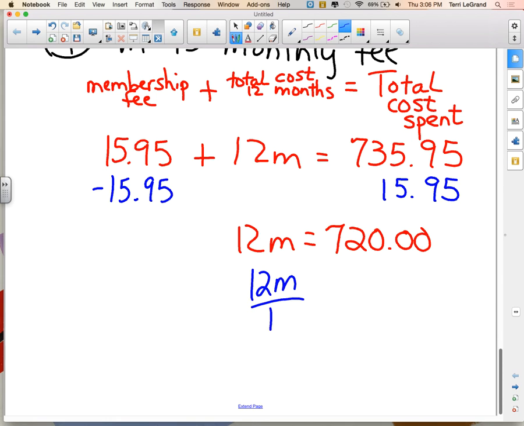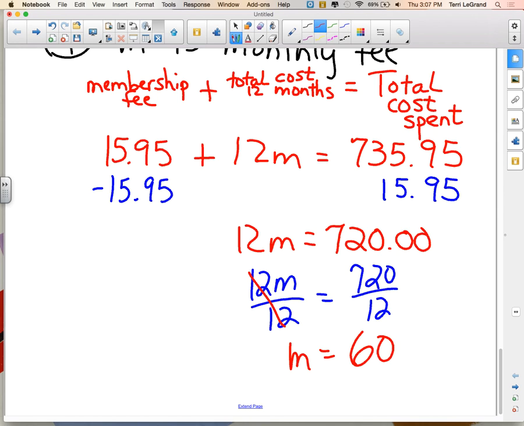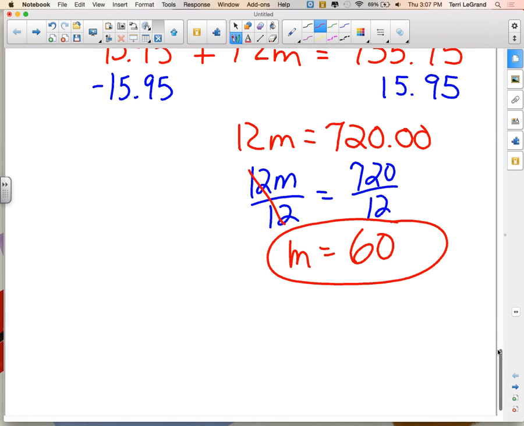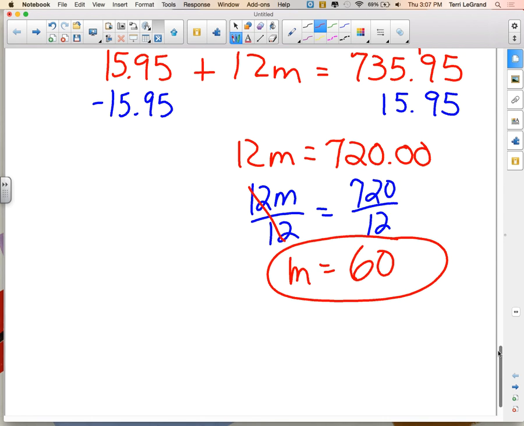We're dividing by 12 again. I got 60. How many times have we taken 72 divided by 12? A few? We should know that one by now.